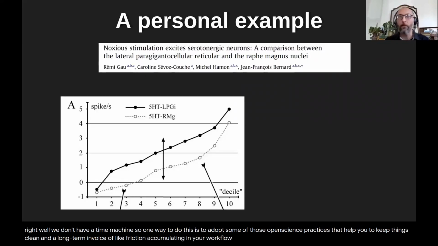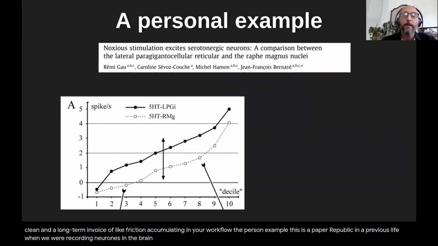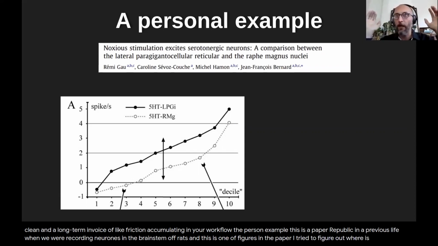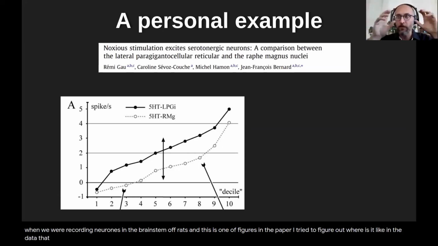A personal example. This is a paper I published in a previous life when we were recording neurons in the brainstem of rats. And this is one of the figures in the paper. I tried to figure out where the data is that we used to make that graph.